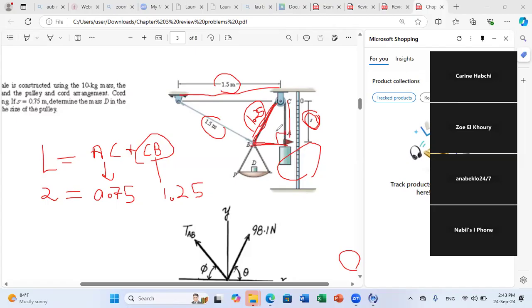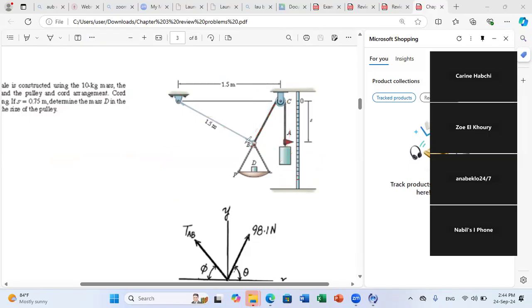Okay, so that's why I will not consider that they are on the same level and that this is a right triangle. This is a wrong assumption. So now, once I have these three lengths, I can find all the angles that I need. In this triangle, I can calculate using the cosine law first this angle theta.